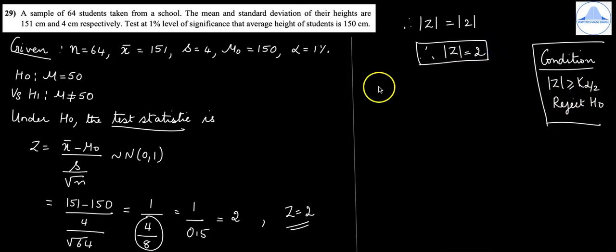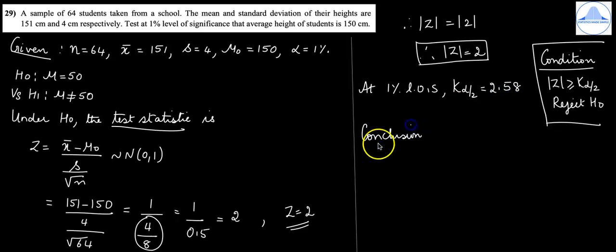Next, we need k alpha by 2. So you write at 1% level of significance, k alpha by 2 is equal to 2.58. Now the last step is to write the conclusion. So conclusion is, since mod z is equal to 2, you have to compare it with k alpha by 2, which is equal to 2.58.